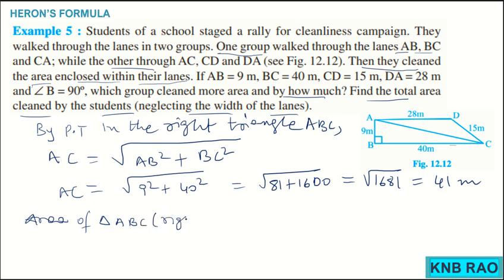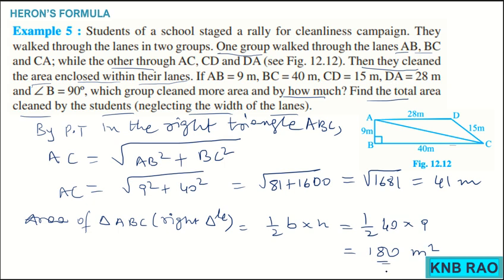Since it is a right triangle, we will use the half base into height formula. Half base I can consider 40 into 9, so it gives 180 meter square as the area of triangle ABC.